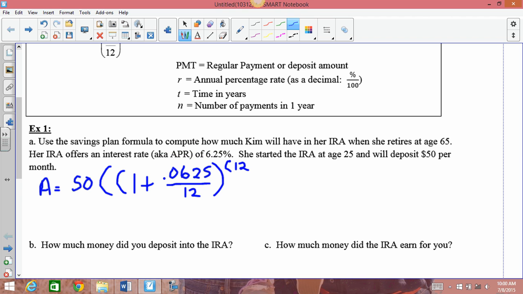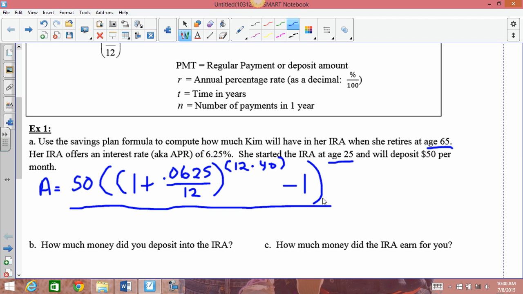It says she started at age 25 and she wants to retire at age 65, so that would be a total of 40 years, 65 minus 25, so multiply it times 40, close that parenthesis, and then it has a minus 1, close the parenthesis, all divided by, and then down here you need another parenthesis, 0.0625 your rate, divided by 12.